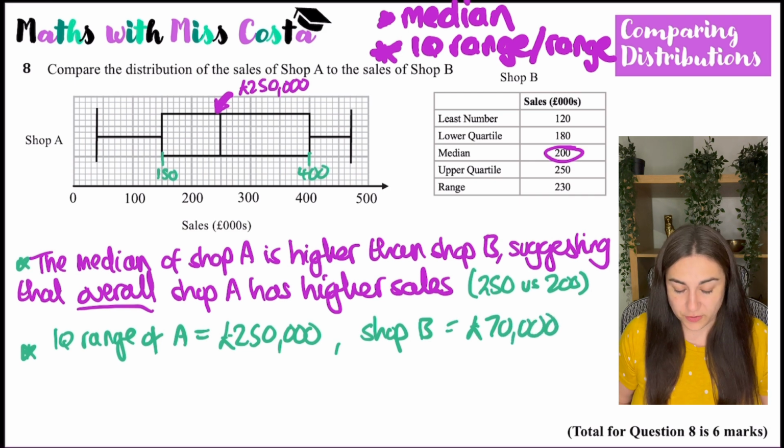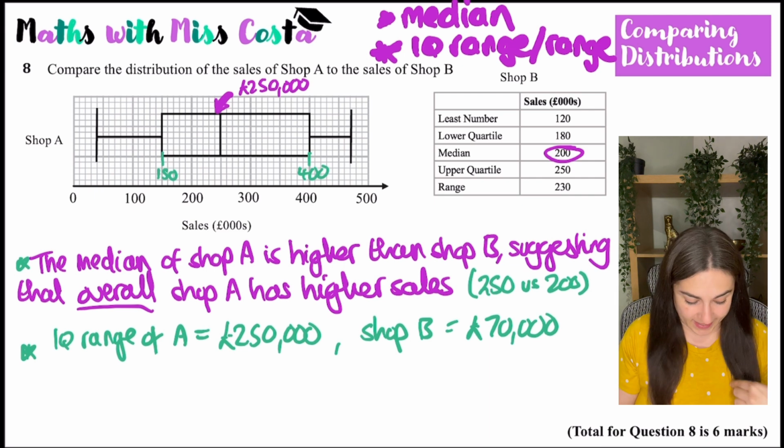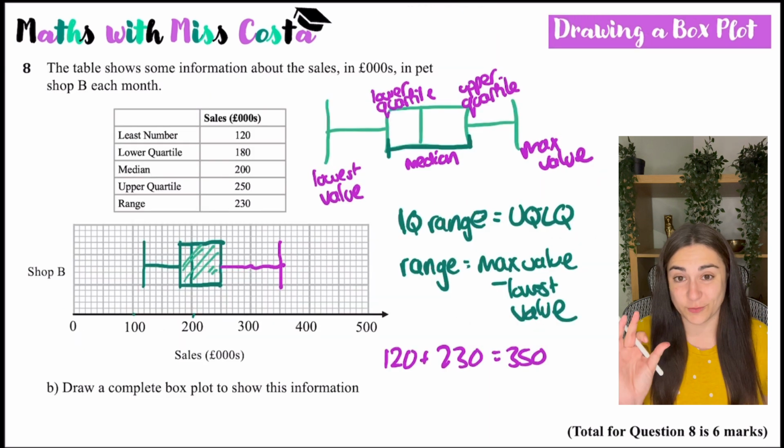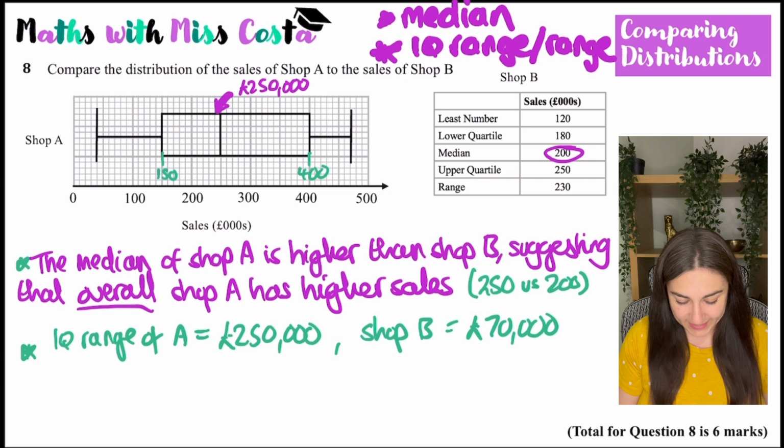So basically, the larger the range, the more inconsistent the data. So like one day you might be getting this, one day you might be getting that. So if you look at the box plot we drew for shop B, you can see that the middle 50% of the data is really clumped together, whereas here it's actually quite spread apart.